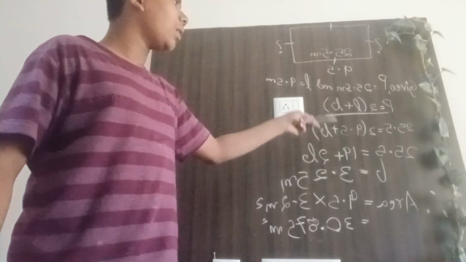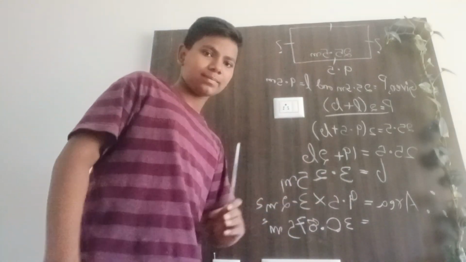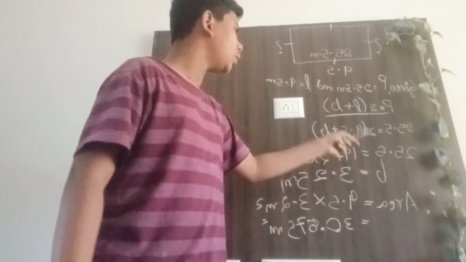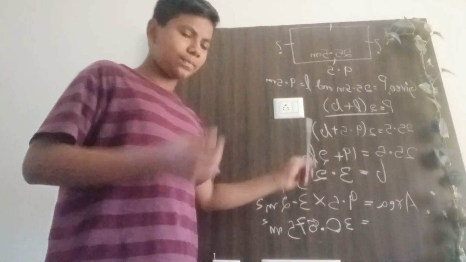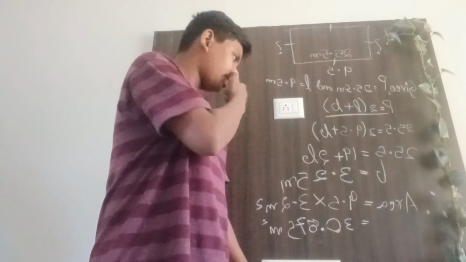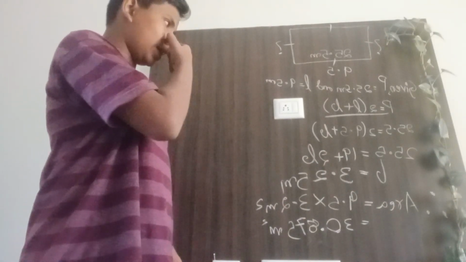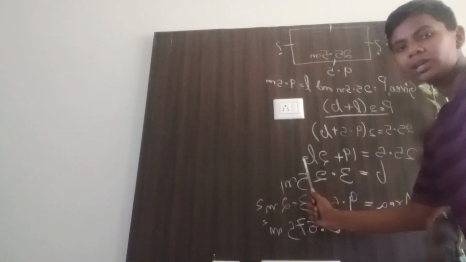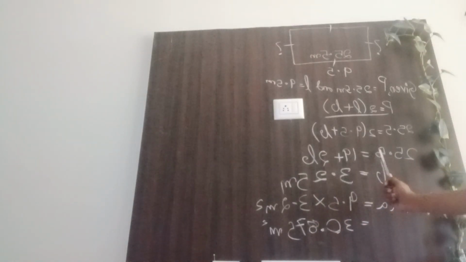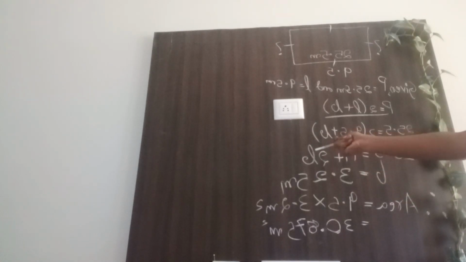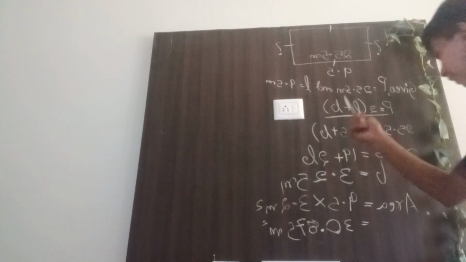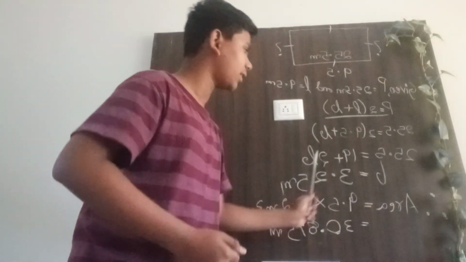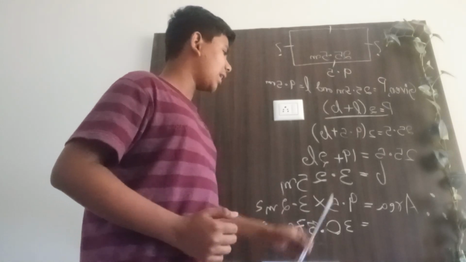So 2 into 9.5 you get 19, and plus 2B, because we multiply 2 and B. Then we send this 2B to this side and subtract 19 from 25.5.